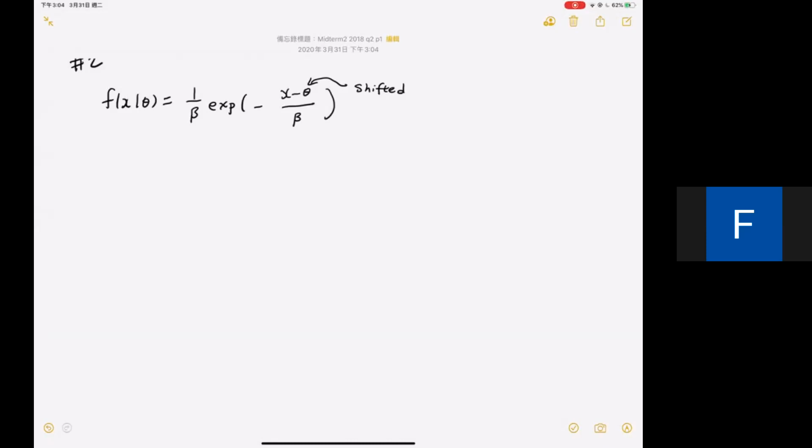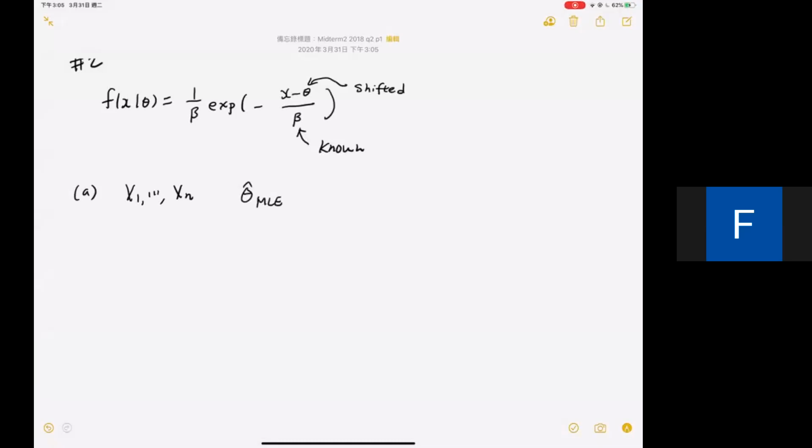Right now, assuming beta is a known quantity, though I don't know if it's the same case in the class slides. Beta is a known quantity. The only thing you don't know is theta. In A, if I have x1 to xn, try deriving the MLE for theta.